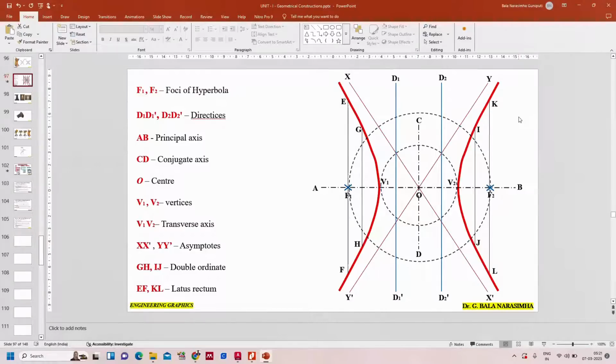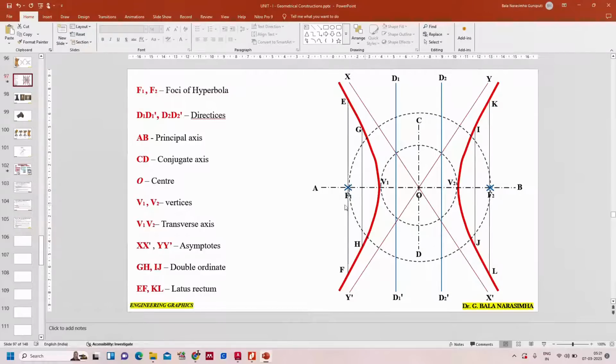Now already in the parabola you know that the chords perpendicular to the axis, KL, IJ, GH, EF, all these are chords of a hyperbola. Why are we saying double ordinate? Because these chords are perpendicular to the principal axis.